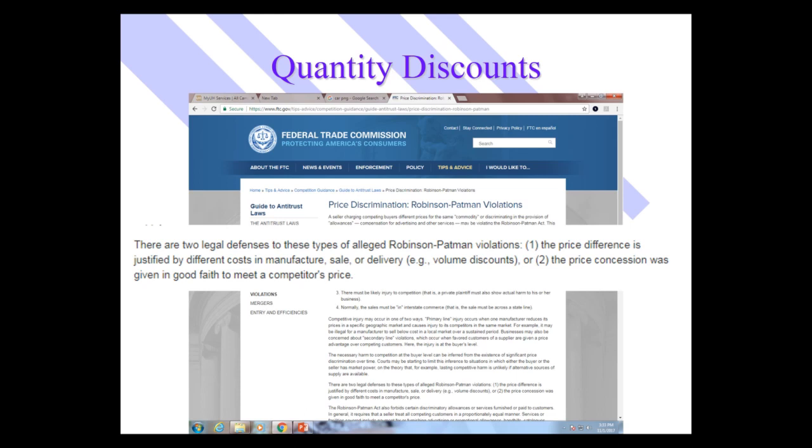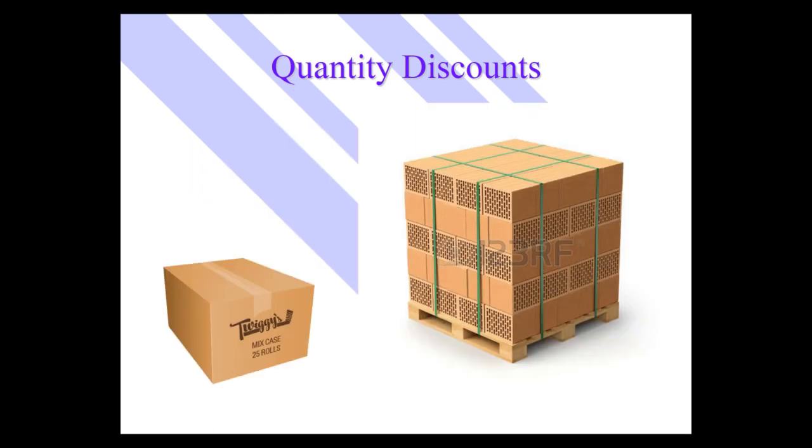For example, it would be relatively easy for me to show that if I sold one bottle, my costs are going to be more than if I sold 12 bottles together in a case. So it's very easy to show that if somebody will buy a whole case, you can offer them a per unit price that's a little bit less, because you're going to have some savings from putting everything together in the case.